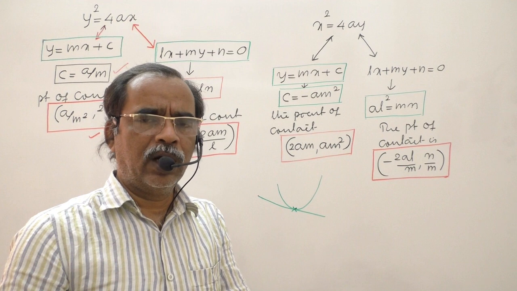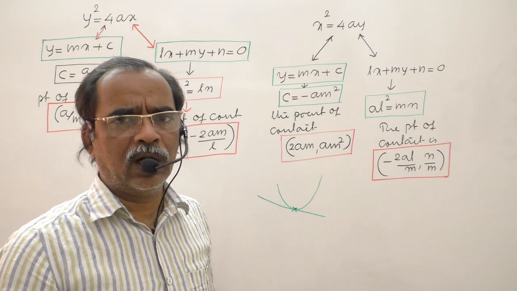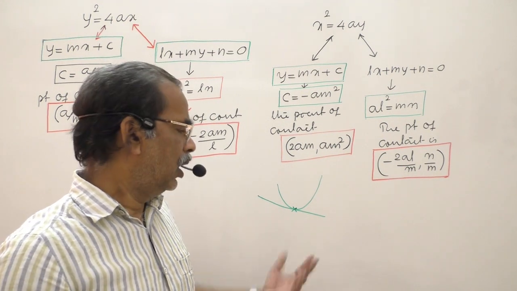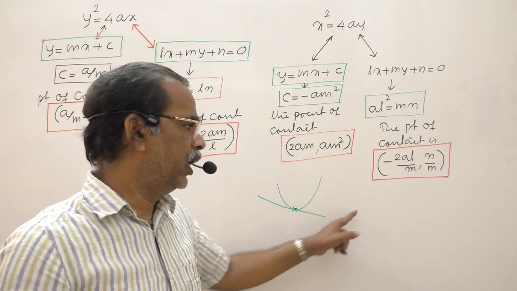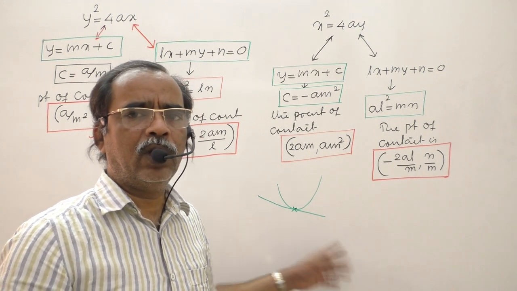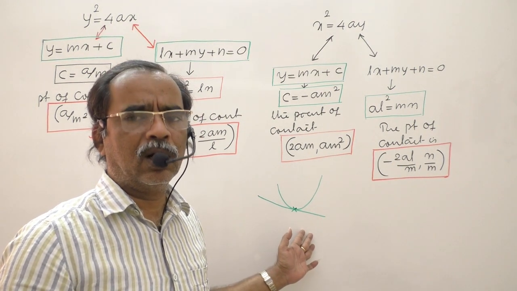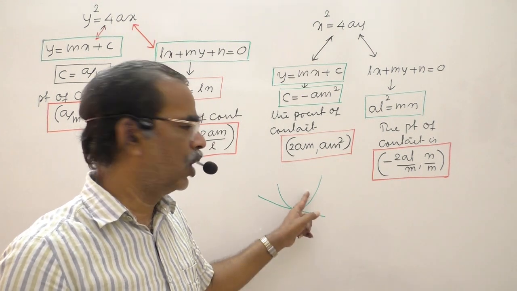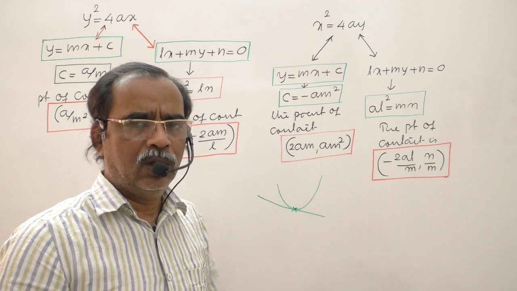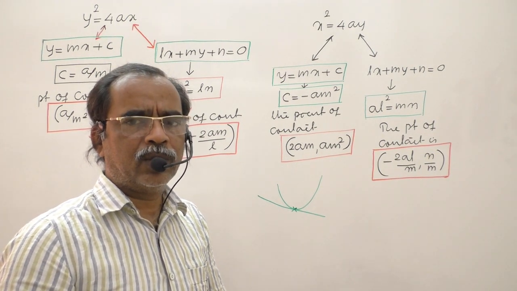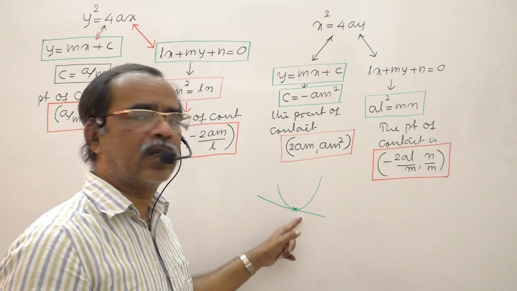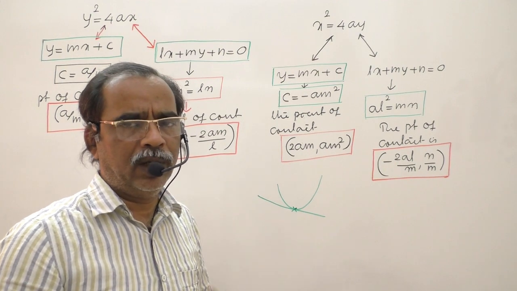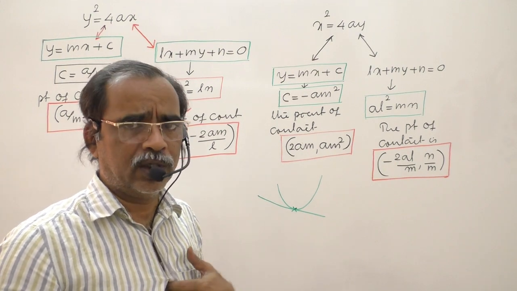If you get only one option, that is the point of contact. If you take the line and get more than one correct option lying on the line, then you should also verify with the curve. Finally, from the options, select the point which satisfies both. That will be the common point in objective.